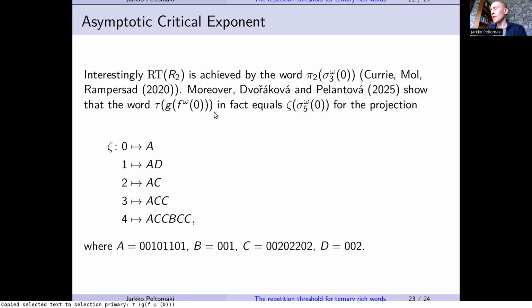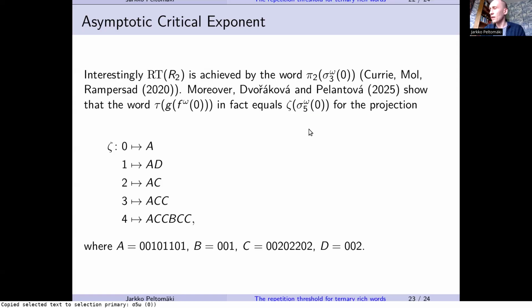So in fact, I've been talking all the time in a way that having this transducer here is necessary, but Dvorakova and Pelantova showed that it is not. So this word is a morphic word, but it seems that the price you pay when you remove the transducer is that you now need to work on an alphabet of size 5.